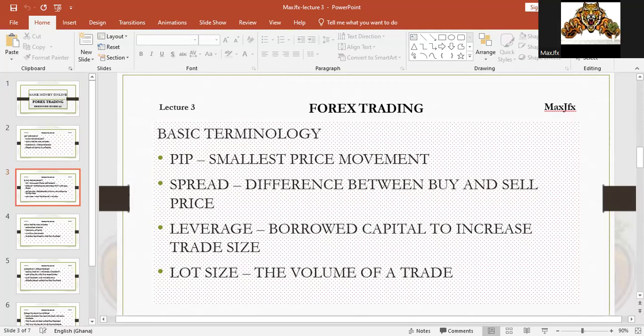So let's say the price of the euro dollar chart, the current price is, let's say, 1.10, which means 10 cents. And now the price moved up, let's say from 1.20 to 1.30, which means the move is 20 pips.